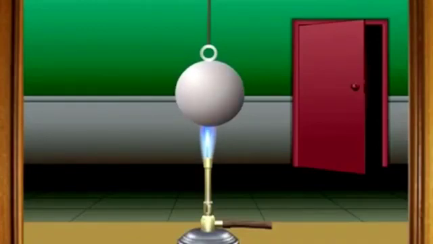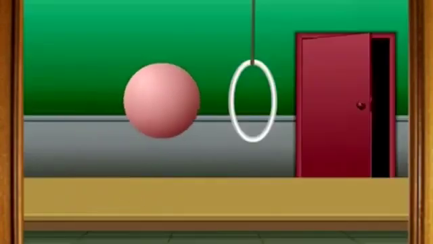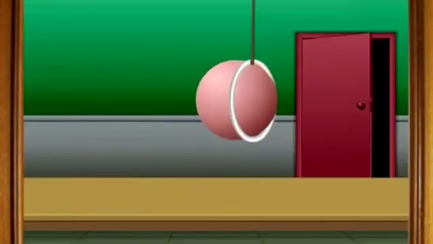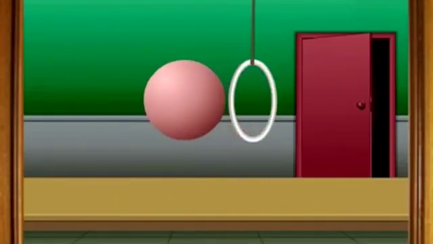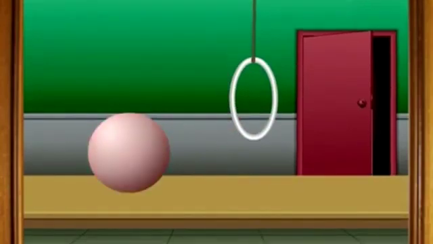Now, heat the metal ball over a flame for a few minutes. You will be surprised to see that after heating the ball, it does not pass through the ring. The ball size increases.